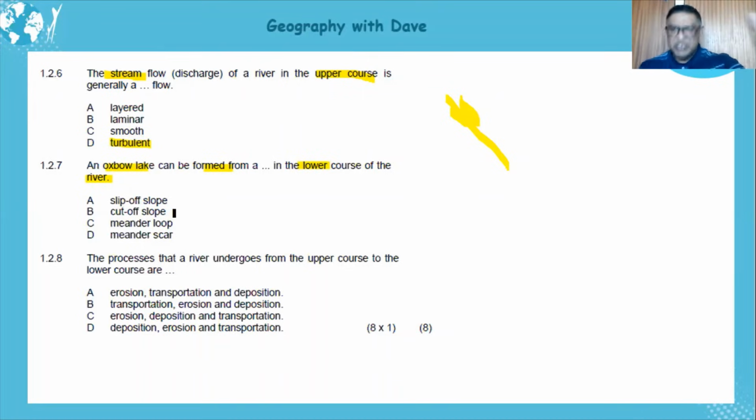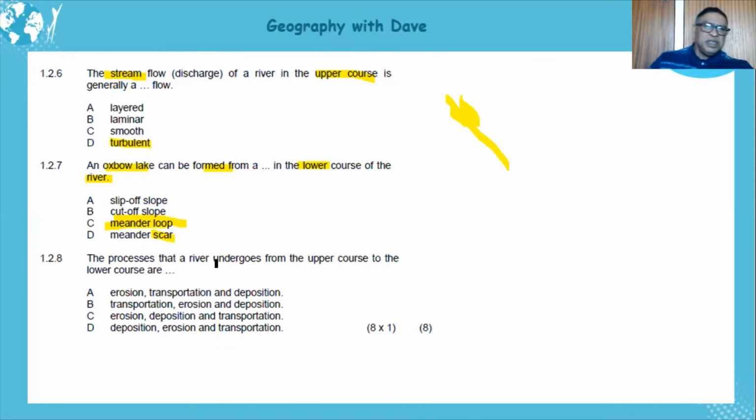It has a whole feature. It has to cut through a big feature. Okay. Meander loop, makes sense. But I see meander is here. Okay, so two places, but watch. That's a meander loop. And this is a meander scar where it's dried out. You're not going to fully get a lake. You understand? So the answer would be loop.